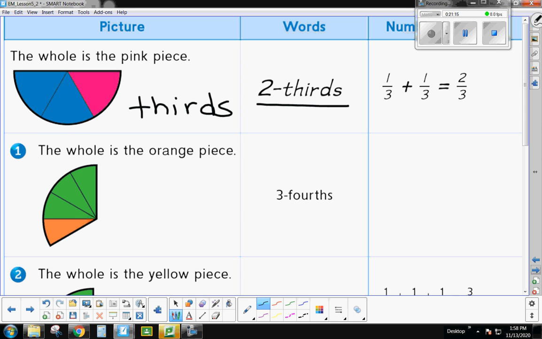See how we have 2 out of 3 pieces. And then they have it written in a number like this. You've got 1/3 plus another 1/3 equals 2/3. So you can use this top example to help you do the rest of these. Go ahead and pause the video, try these on your own, and then we'll go over them together.